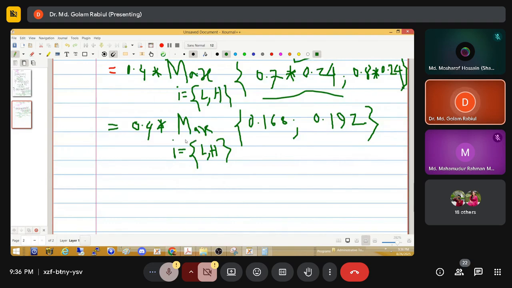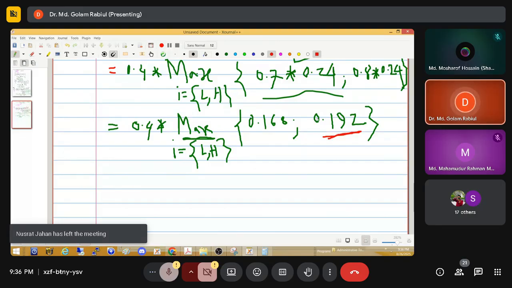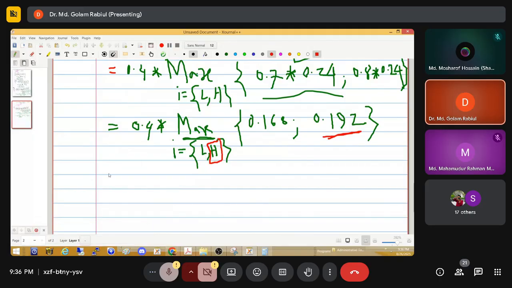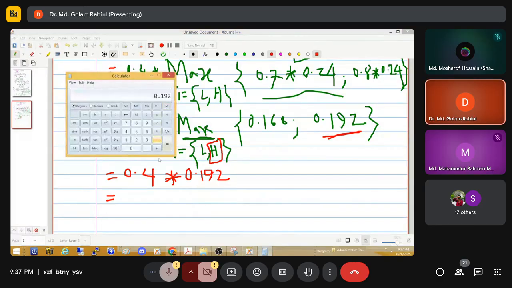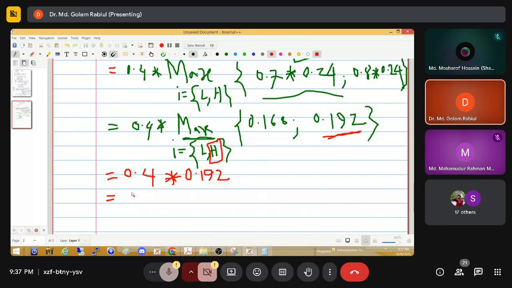So between these two, which one is maximum? We can see the maximum is 0.192, and this 0.192 is from I equal H. So we have to write 0.4 times 0.192, which equals 0.0768.